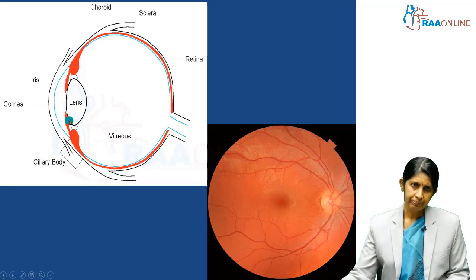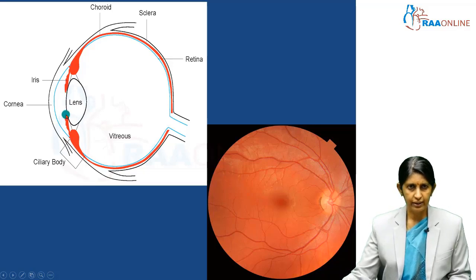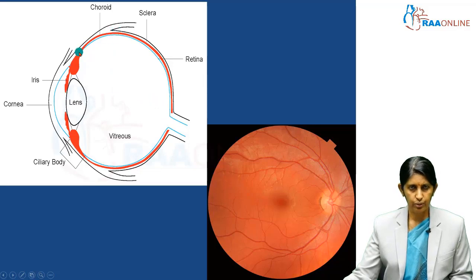So as you can see, there is a continuum of the entire uvea, and hence we call it a uveal tract. So this also goes to say that an inflammation that occurs in the anterior most of the iris has a propensity to spread through the entire uveal tract and can reach the edge of the choroid as well in the posterior most aspect. So what is it that makes it so important?